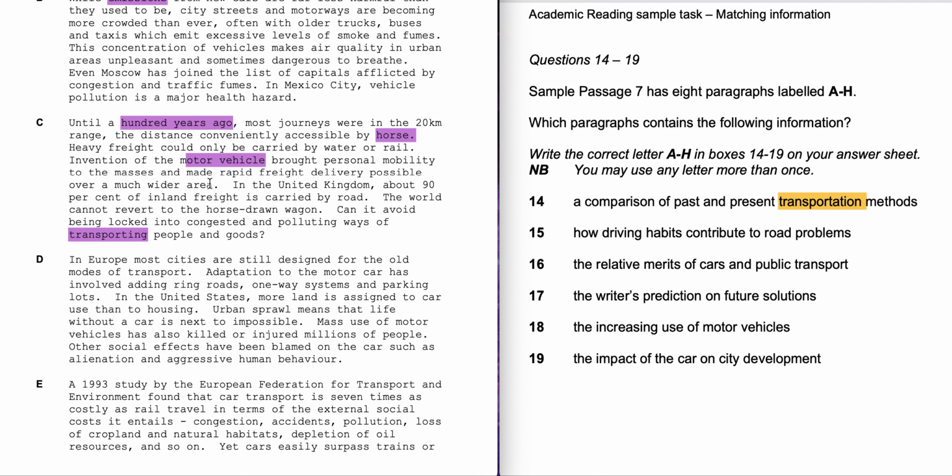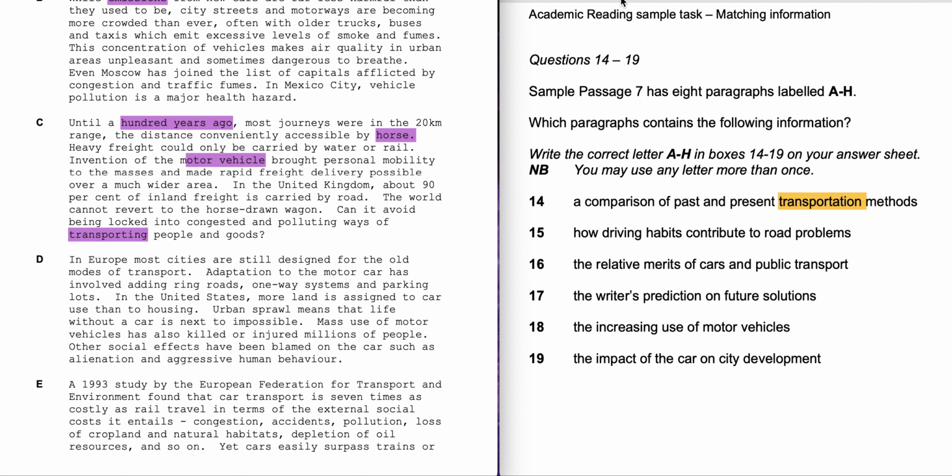Here in the paragraph C, they were comparing transportation methods, so we can just put C here, and we can highlight it in order to avoid confusion. But as is written here, we can use any letter more than once, so we have to be very careful with that. You can highlight it.